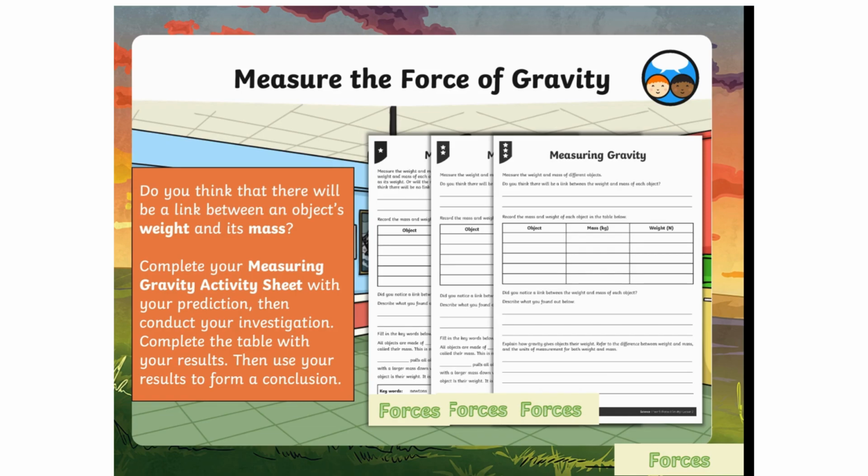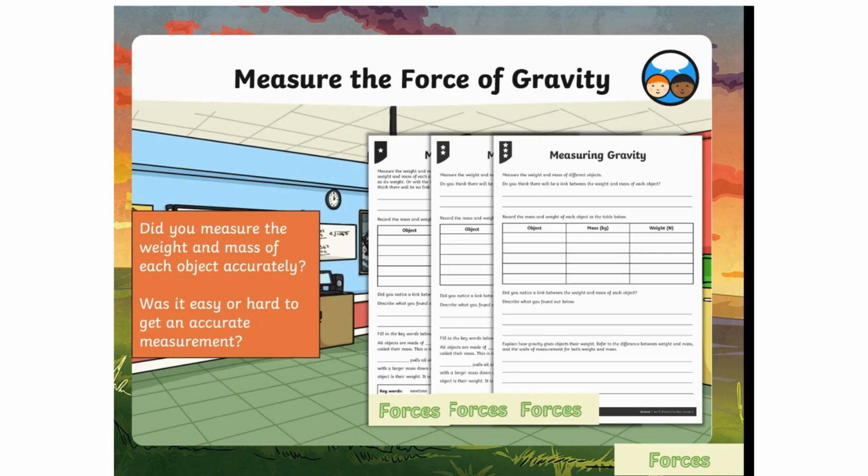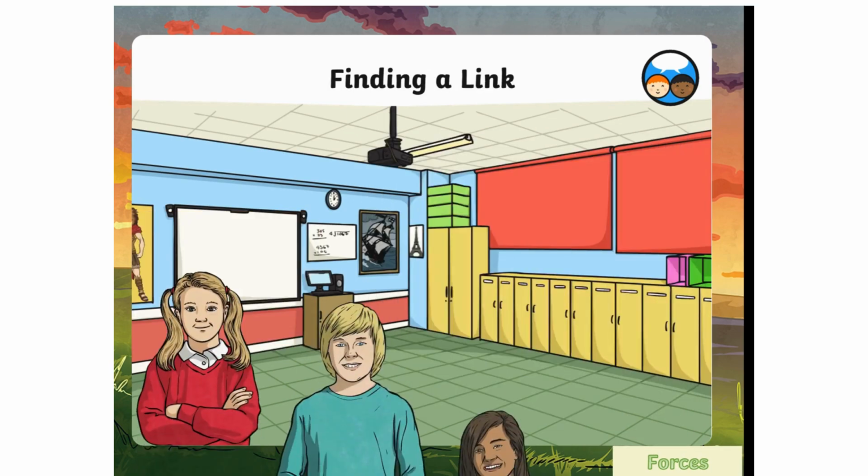And suppose you don't have a Newton meter, you can use the weight machine and write the value in kilograms. I know for weight we need the Newton meter, but at least with the mass that you have got, you can try to draw the inference. Going ahead, after measuring, whether it is easy or hard, you can get an accurate measurement.